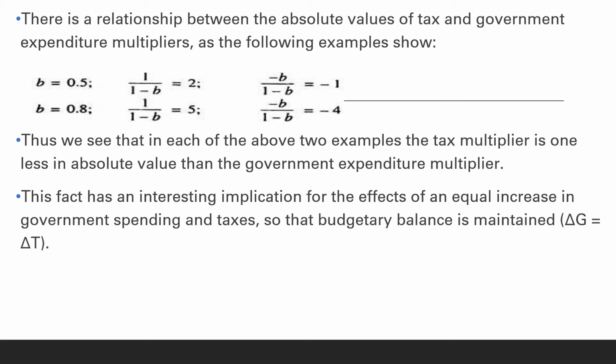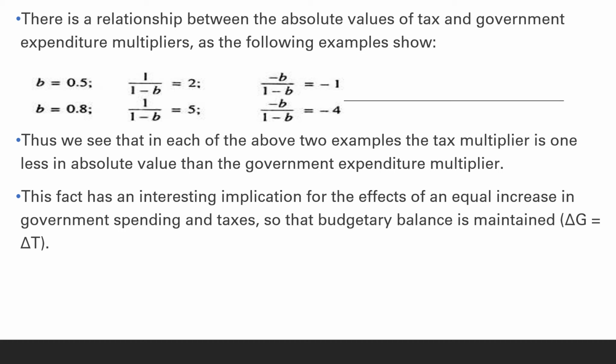When MPC is 0.8, the multiplier is coming to minus 4. So in each of the above two examples, the tax multiplier is 1 less in absolute value than the government expenditure multiplier, right?